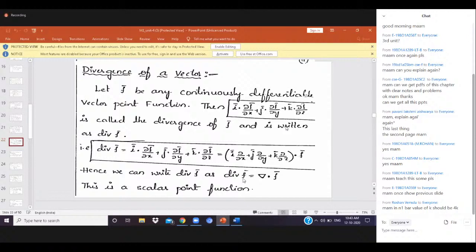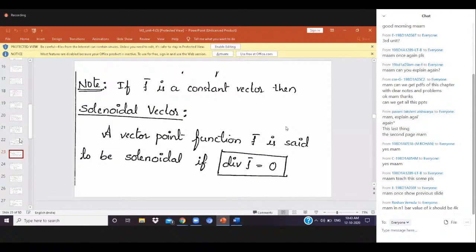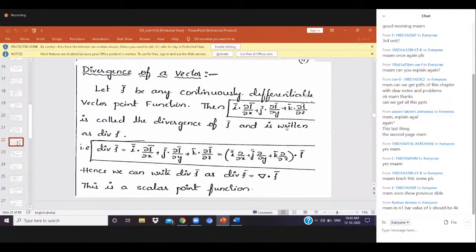The operator representation is del dot: divergence of f bar equals del dot f bar. Here f bar must be a vector point function, but after the multiplication you get a scalar point function. What is a scalar point function? Calculating the divergence of f gives a scalar value.